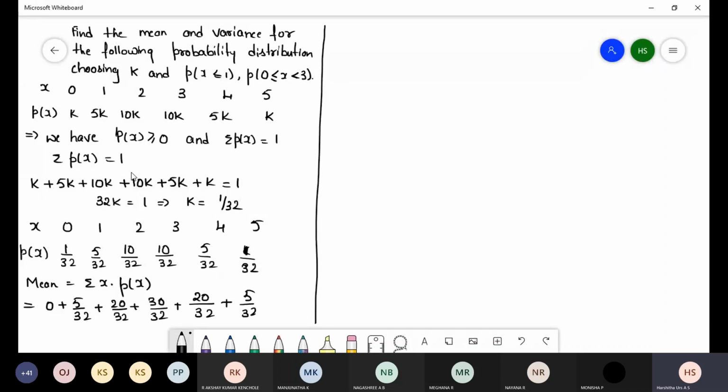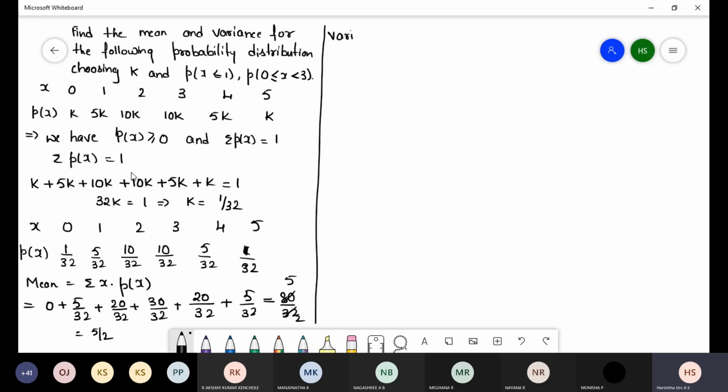So what is the final answer? 80 divided by 32. 16 fives are 80, 16 twos are 32, so we get 5 by 2 as the value for the mean.